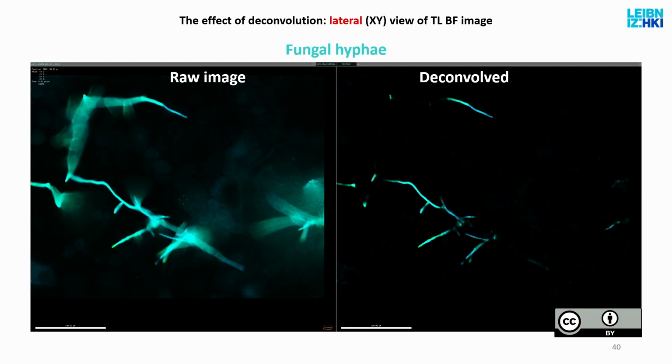It turns an object like this into a cone shape or a cigar shaped object, which means that the farther you are from the focal point, the wider the image becomes, so you get this blurred image. But then, by using, in this case, even a theoretical point spread function, you will get a sharp image.